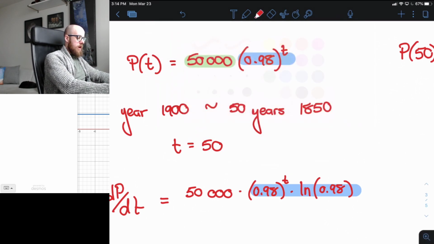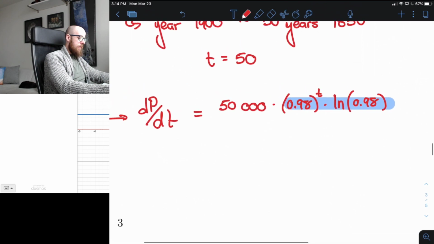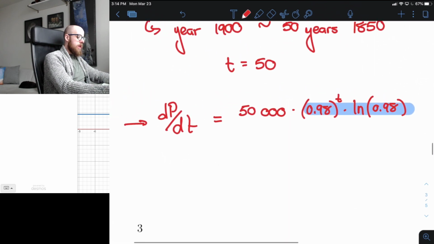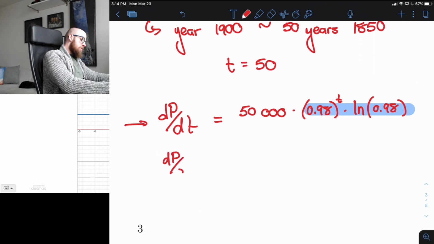Now that I've done that, I can figure out what the change in the population is at this moment in time, at t equals 50. So I'm interested in the derivative when t is equal to 50. I just plug in 50 into our function here.